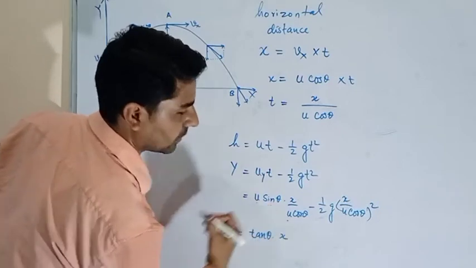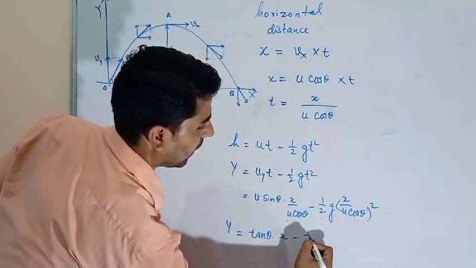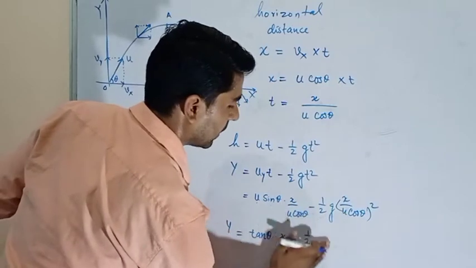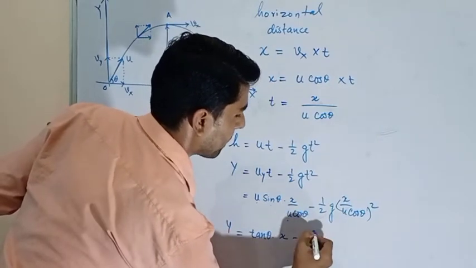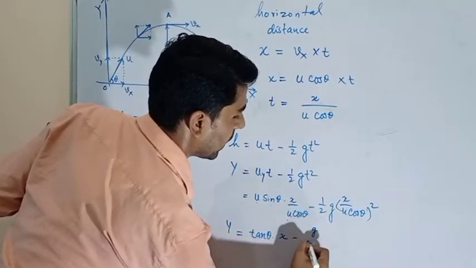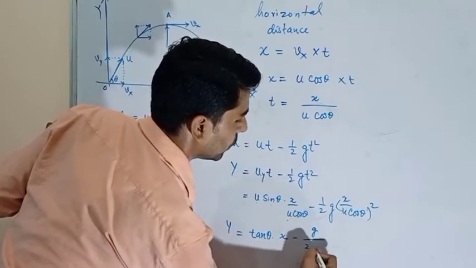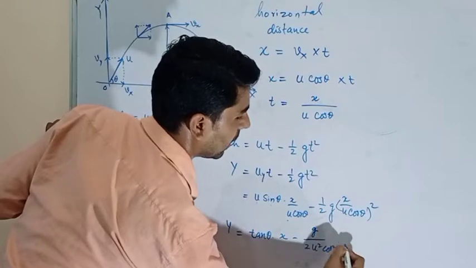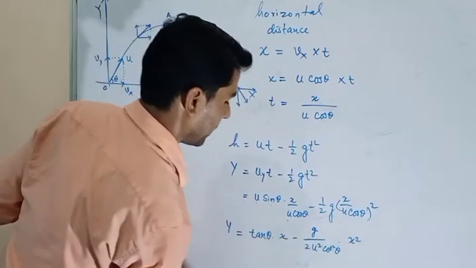I am writing directly y is equal to tan theta into x minus half g. I am separating something, minus g upon 2 u square cos square theta into x square.